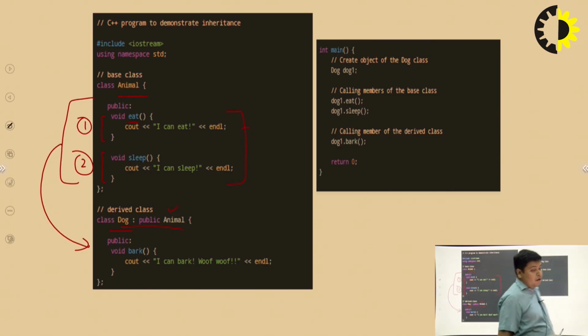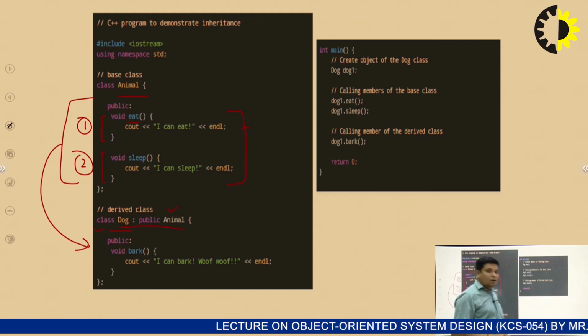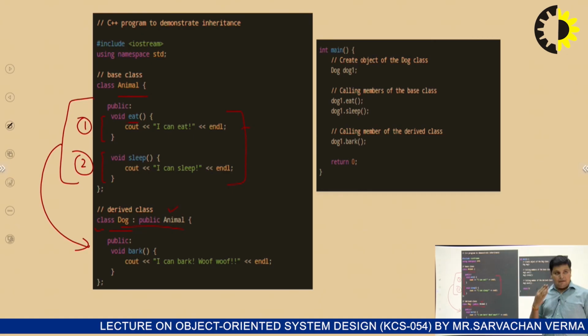Now the dog class has three methods: eat, sleep, and bark. The dog class object is capable of accessing all the methods of the dog class as well as the animal class, because the dog class inherits the methods of the animal class.